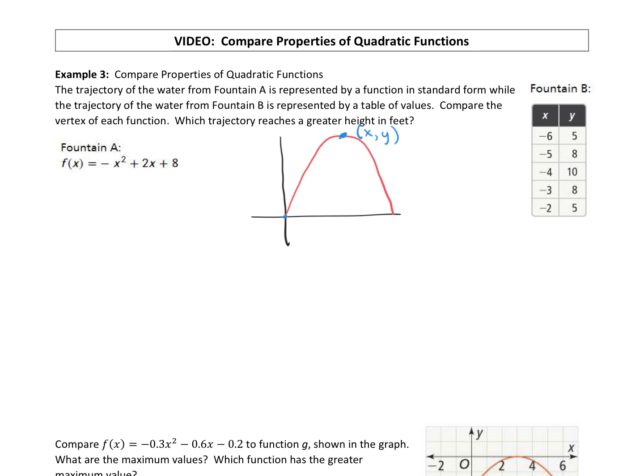From the origin, you'd go over x units and up y units to get to that vertex. That tells us the height of whatever the parabola is modeling is found by the y value of the vertex.